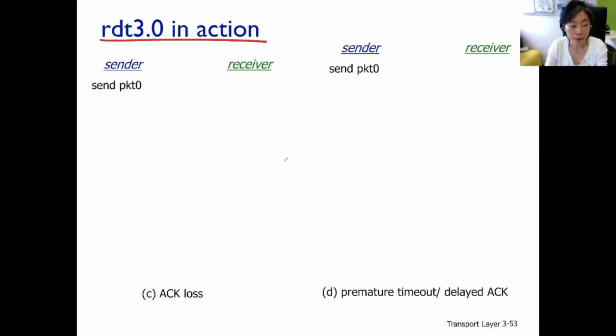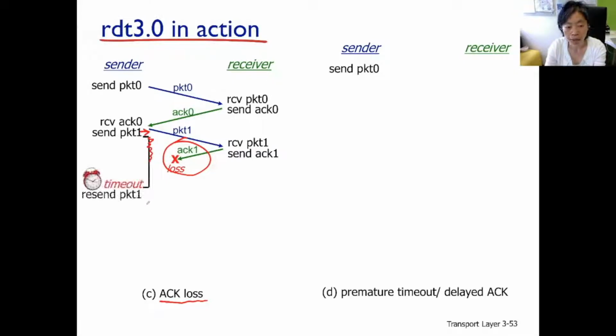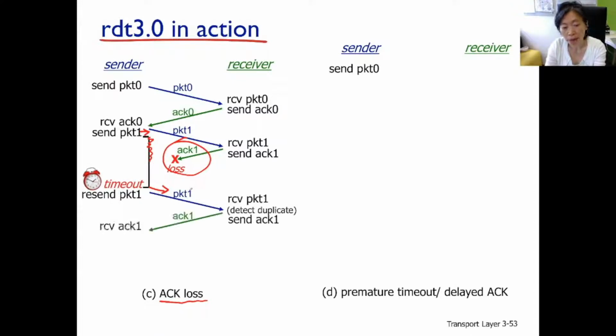And the third scenario is the ACK loss case. Packet 0 gets out, ACK 0 comes back, packet 1 goes, and ACK 1 gets lost. What's going to happen there is the timer for packet 1 is going to tick and tick and tick until expiration. So this is going to trigger packet 1 being resent, and finally ACK 1 gets received, and data 0 goes out again.